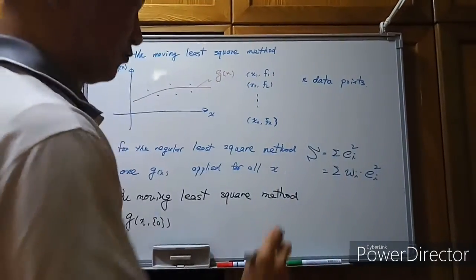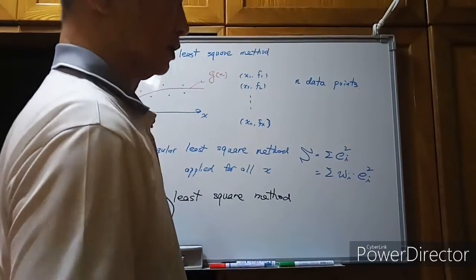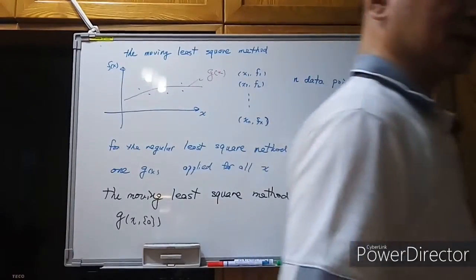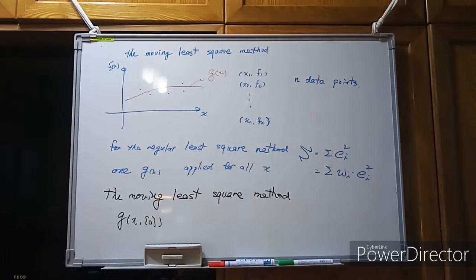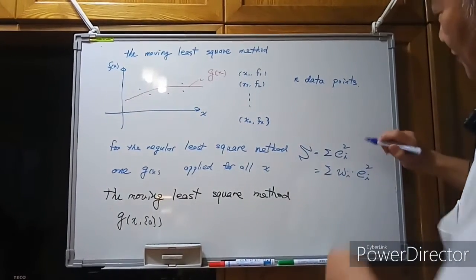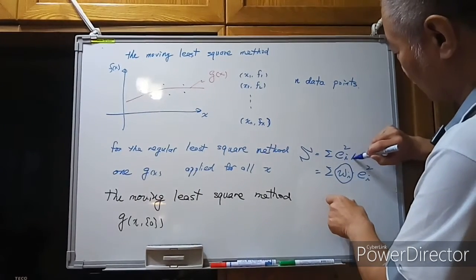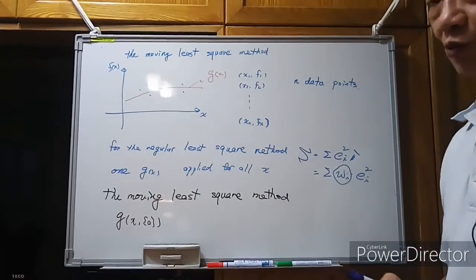If we use a weight for different points, then for the regular least square method, the wi is always equal to 1.